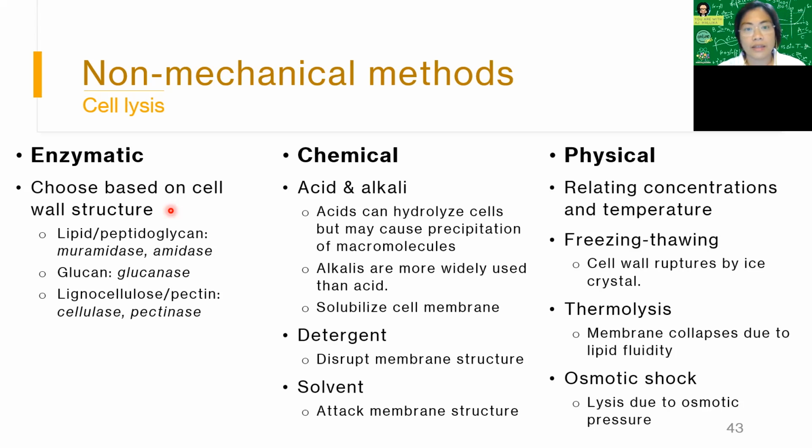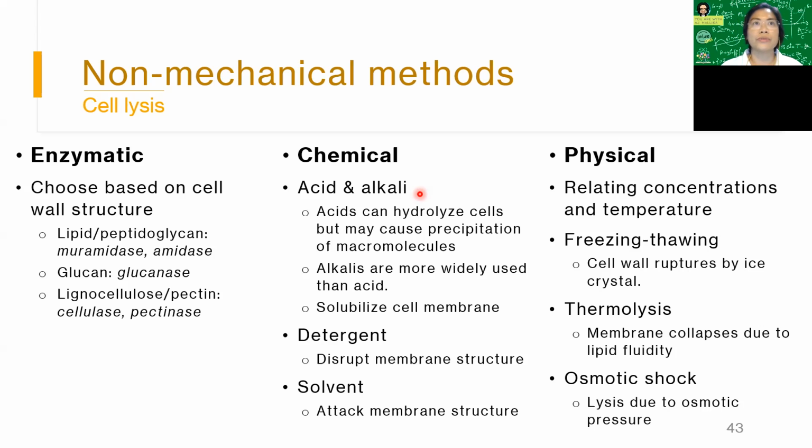Okay. The second method that you can lyse the cell using a non-mechanical mechanism is the use of chemicals. Basically, 4 types and 3 categories of chemicals can be applied. The first one is the use of acid or alkaline. Basically, acid can hydrolyze cells, but it could cause precipitation of the macromolecules.